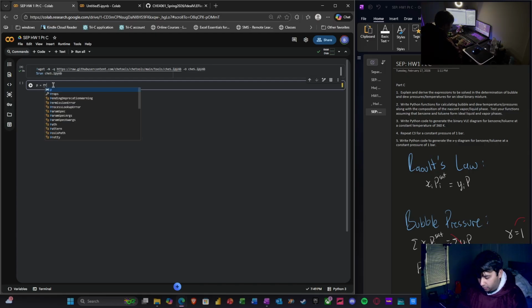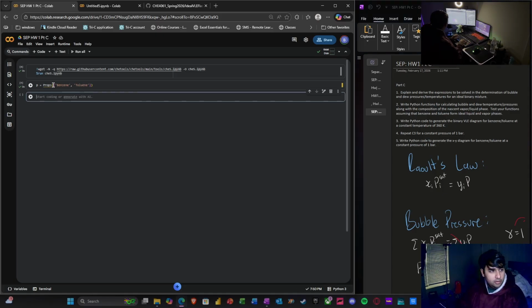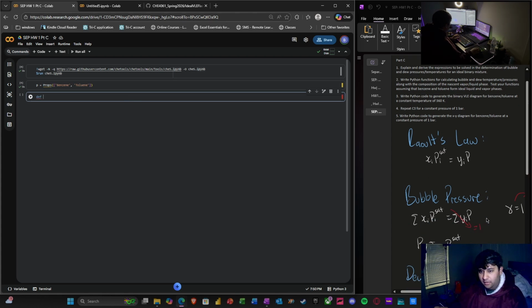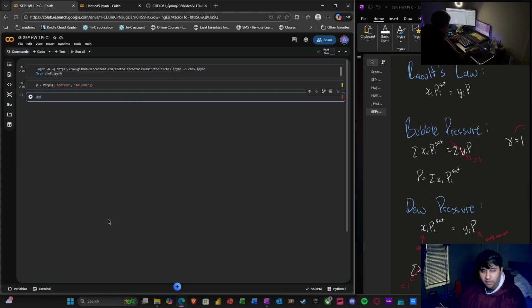So P equals props, and this is going to be benzene, toluene, and then shift enter. There we go. And then we're going to define our equations that we found.